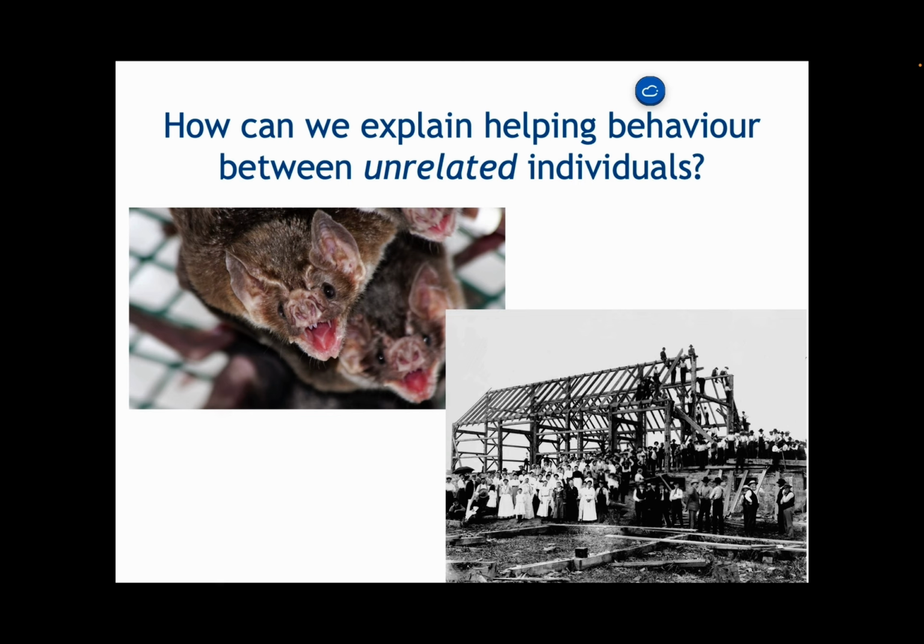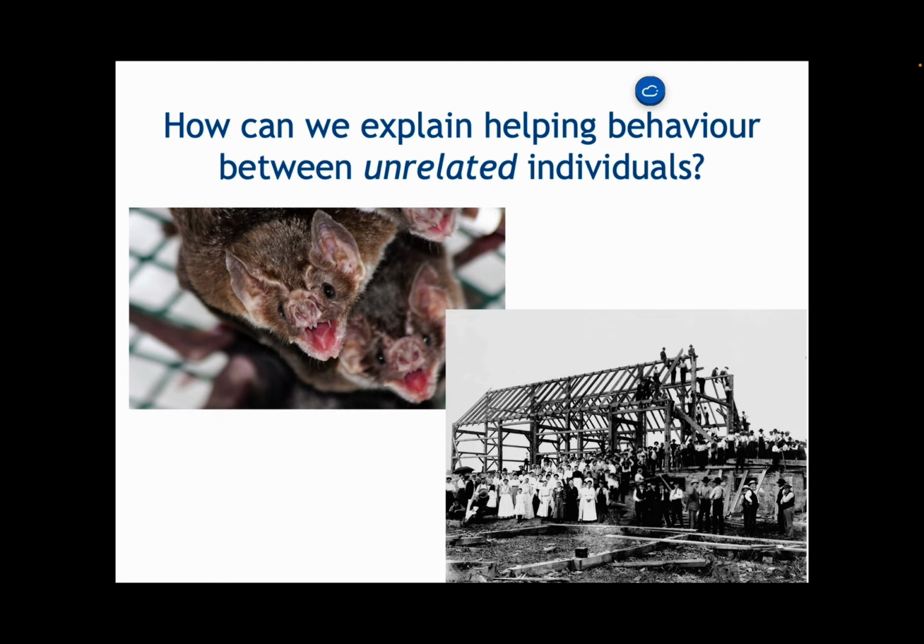So they come in, and they really need food, and very often another individual in the roost will regurgitate some of its blood meal into the mouth of its starving colleague, and that helps them survive to the next day. Now, sometimes, well, a lot of the time, we see this help between, say, close relatives.